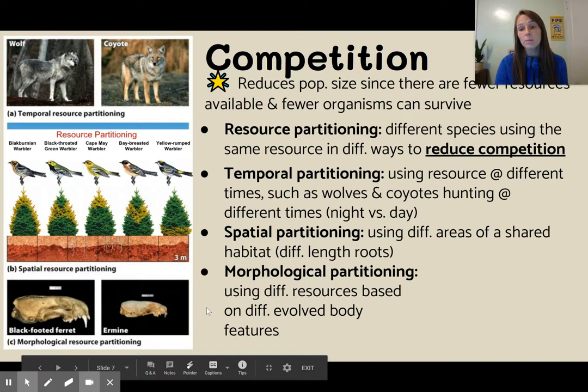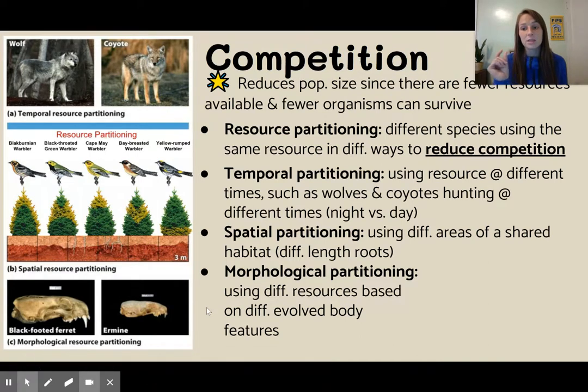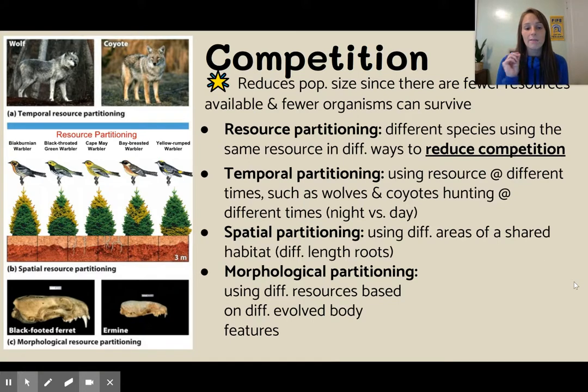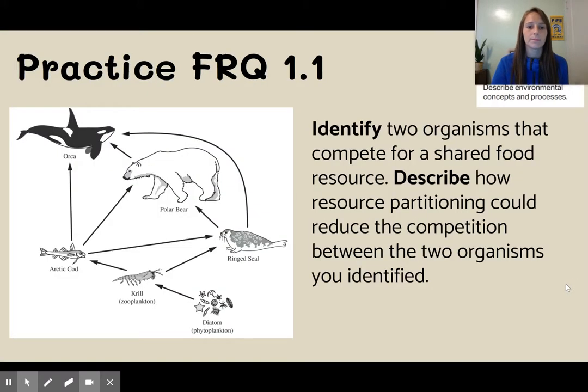So they're going to actually probably end up eating different prey, like this one might eat bigger fish and this one eats smaller fish. So because they have actual morphological differences in their bodies, they're going to have less competition with each other.